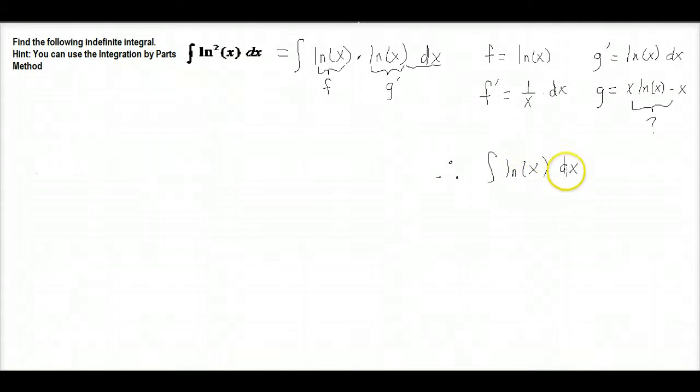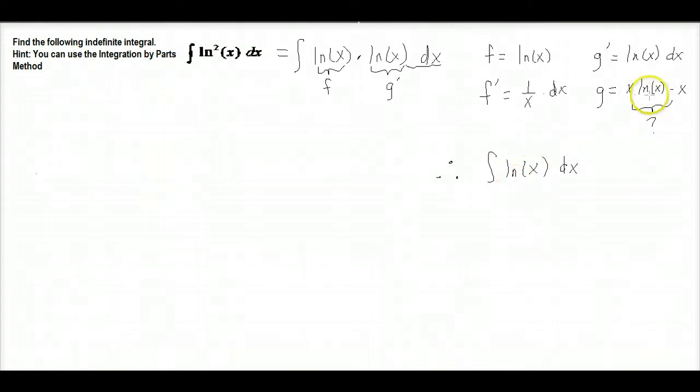We have natural log of x and we have dx, and they're multiplied times each other. So here it would be easier to take the integral of dx, and if we did that, we would just get x. And if we took the derivative of natural log of x, we would just get 1 over x. So this is a prime candidate for the integration by parts technique again.